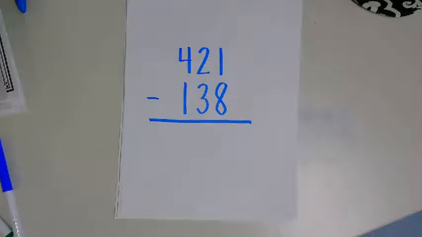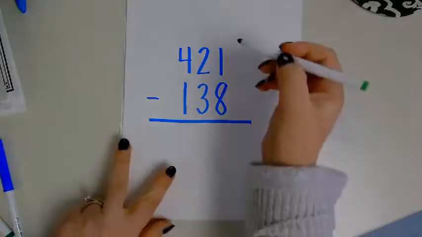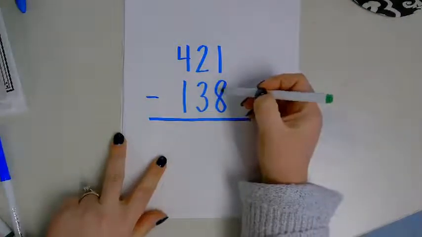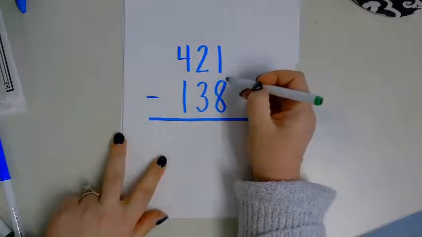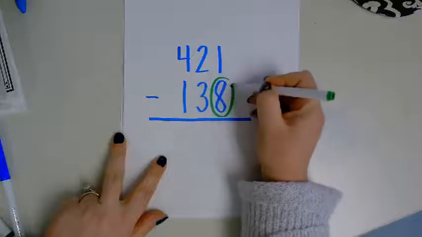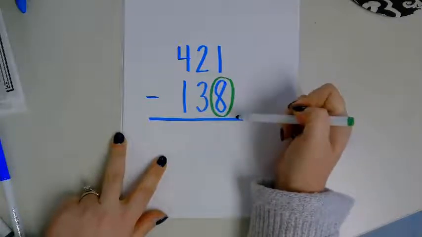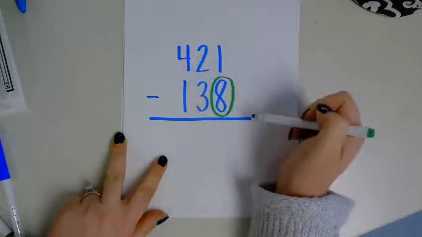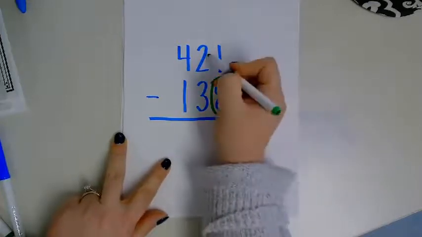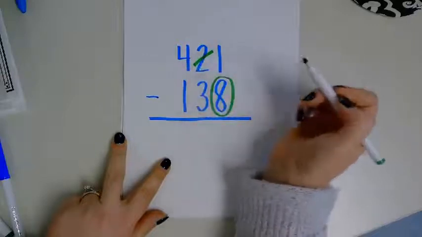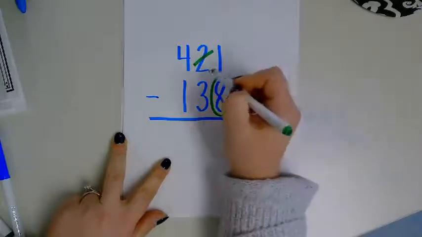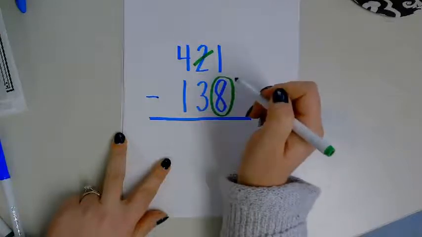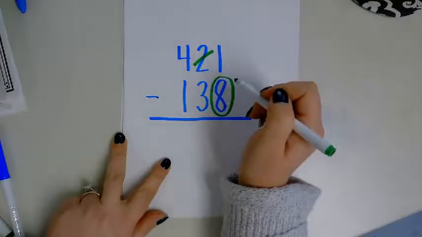Okay, step 1, start in the ones place. Circle the bigger digit. Hopefully you circled the 8. If there's more on the floor, we go next door and bring over 10 more. That means we go to the 2 and we take a group away. If I take a group away from the 2, how many do I have left? 1.